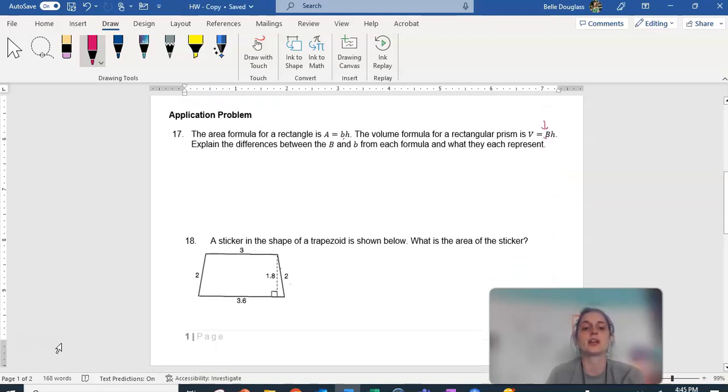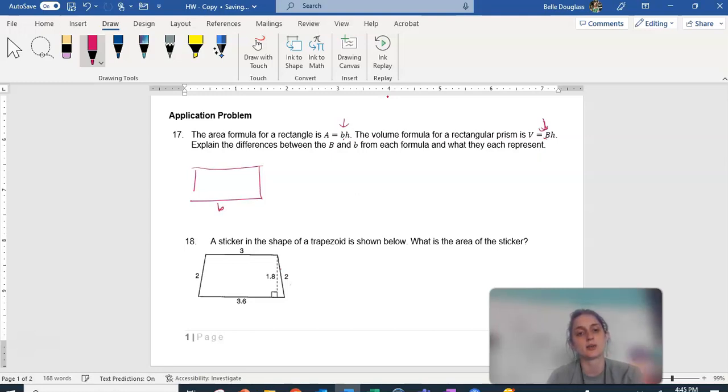All right. In 17, I want you to explain to me the differences between lowercase b and uppercase B in these two formulas. So when you're finding the area of a rectangle, our base is a line, this lowercase b.